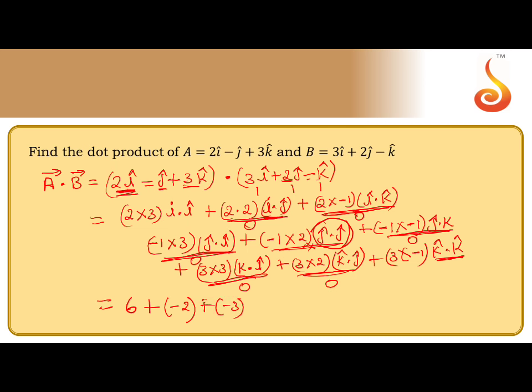This will be 1 joule. A dot B here is equal to 1 joule if A and B are force and displacement. Otherwise, you simply call it 1 unit. Whatever is the relevant unit of A and B can be written there. This is how the dot product of two vectors can be found.